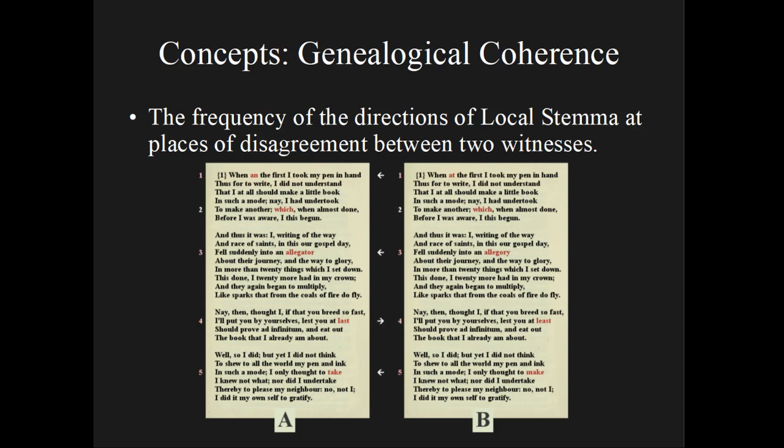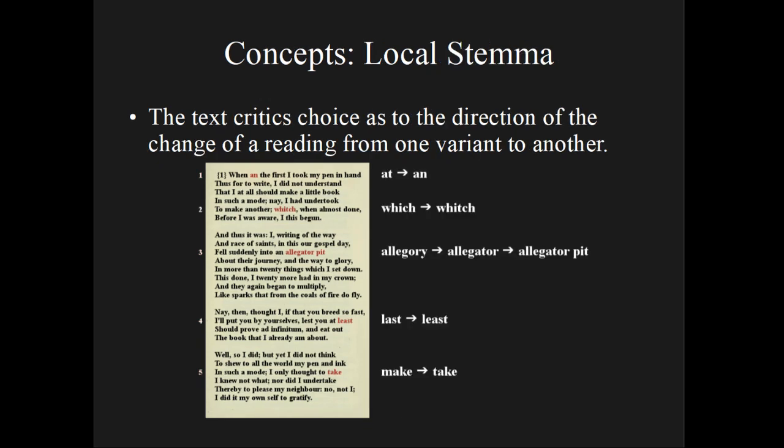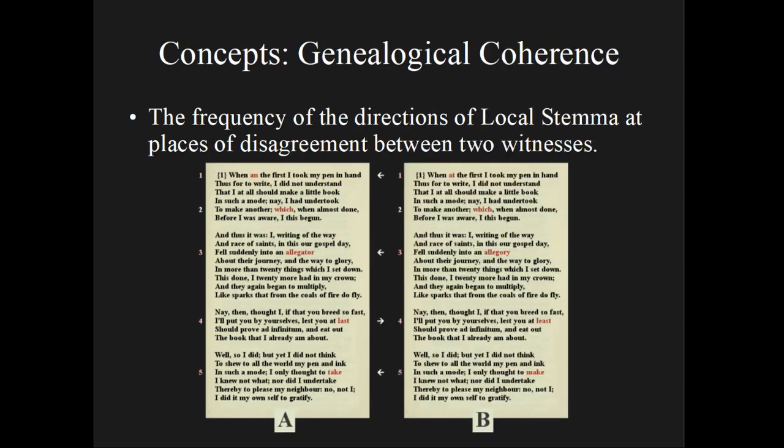And like pre-genealogical coherence, remember, we're counting the places of agreement and disagreement for pre-genealogical coherence. For genealogical coherence, we're adding this local stemma, you see. We have this local stemma. Now we're adding, for those places of disagreement, we're looking at the places of disagreement now.